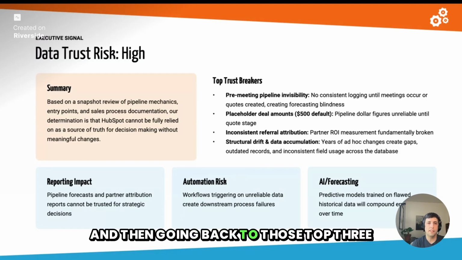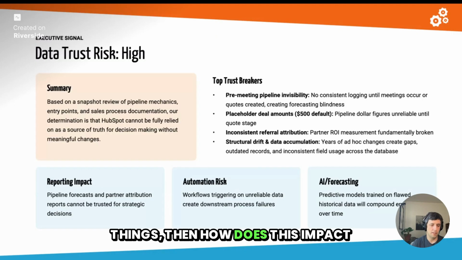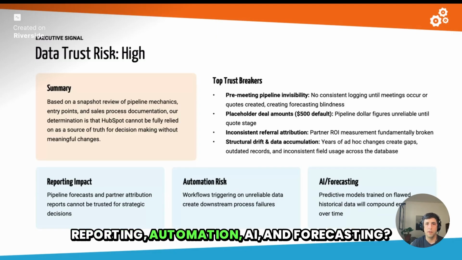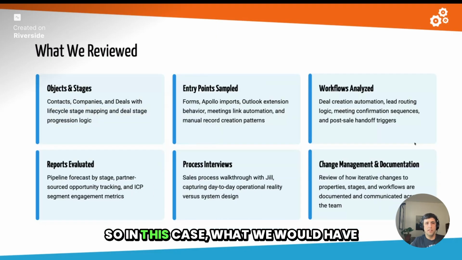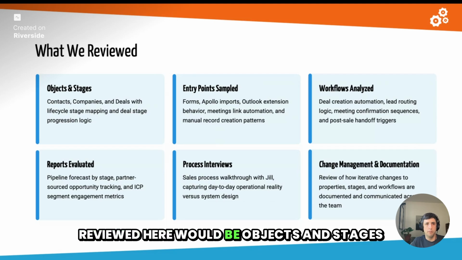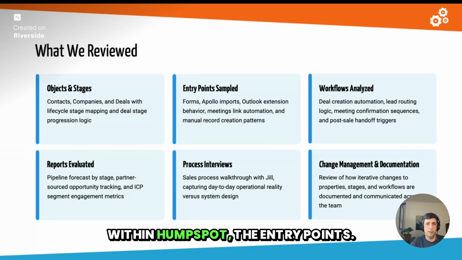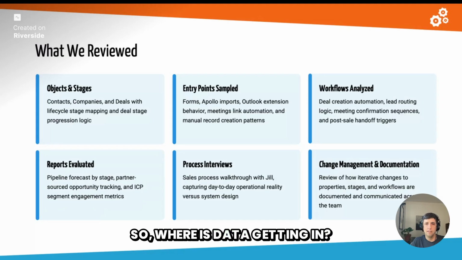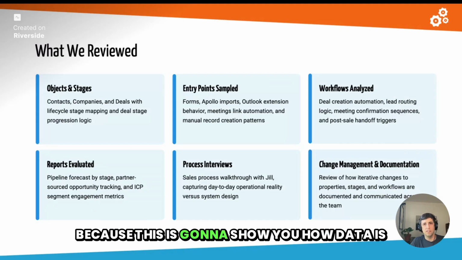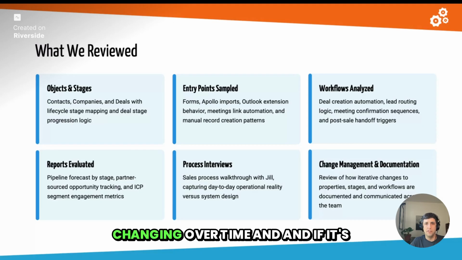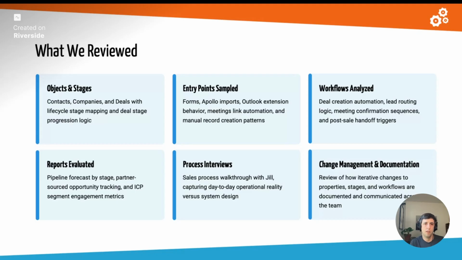Then, going back to those top 3 things, how does this impact reporting, automation, AI, and forecasting? In this case, what we would have reviewed here would be objects and stages within HubSpot, and the entry points. So where is data getting in? What workflows are being used, because this is going to show you how data is changing over time and if it's following rules that make sense.